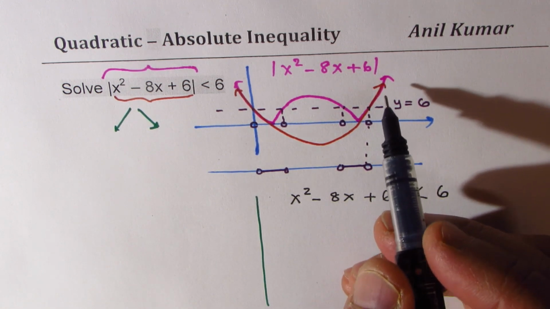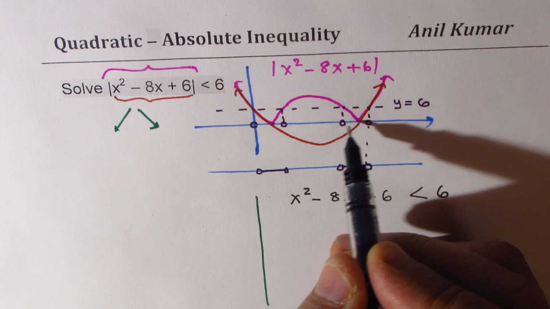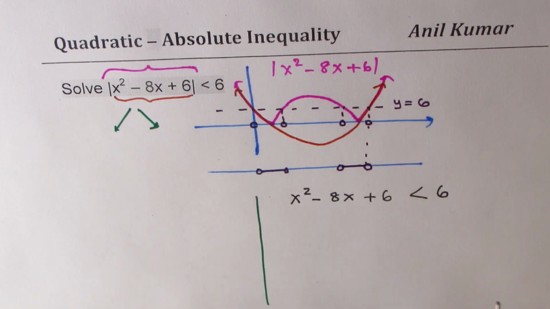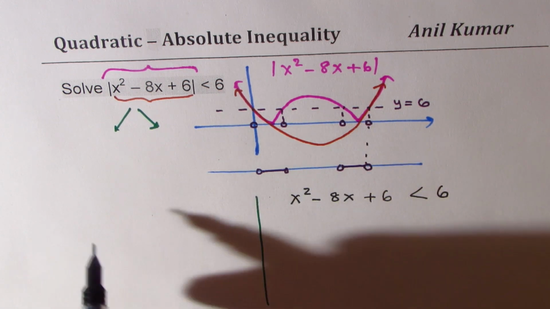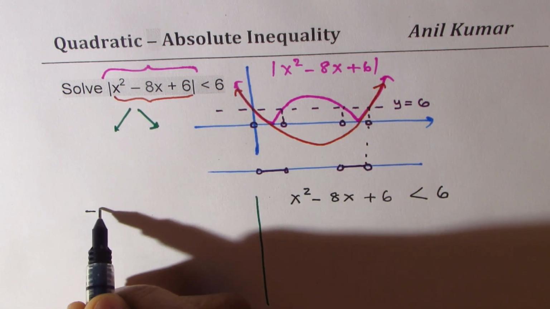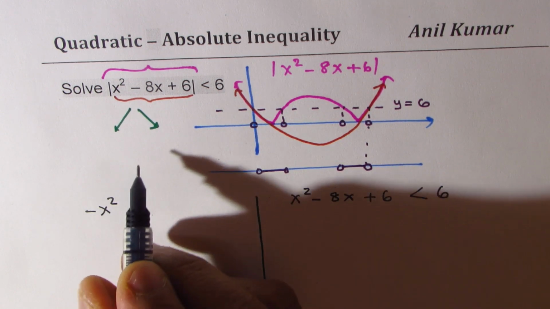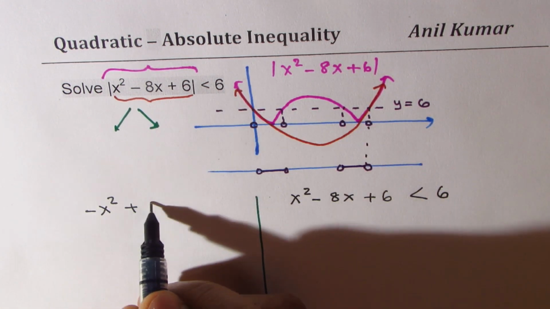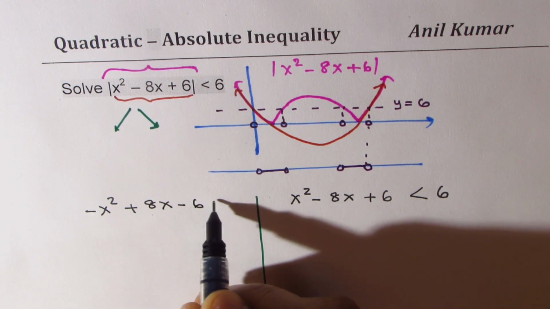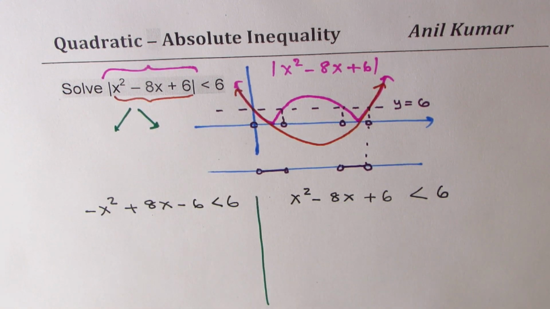That means this part, which was originally positive. Now the negative part, this portion, we had reflected that. So that is minus x square plus, so we are changing the sign, 8x minus 6 less than 6. Do you see that part?